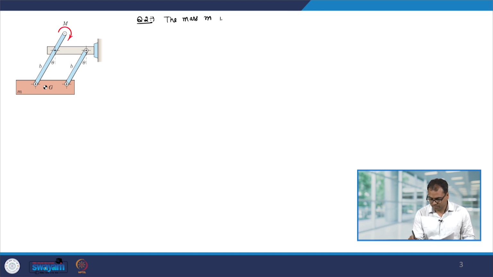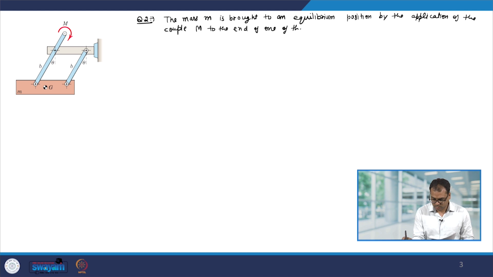The mass m is brought to an equilibrium position by the application of the couple M to the end of one of the two parallel links which are hinged as shown.